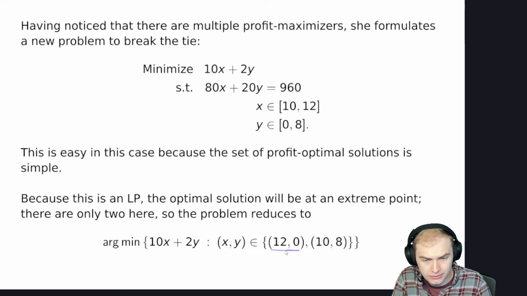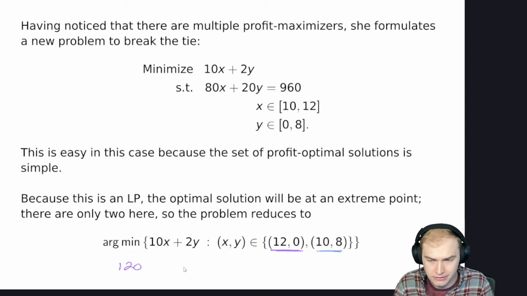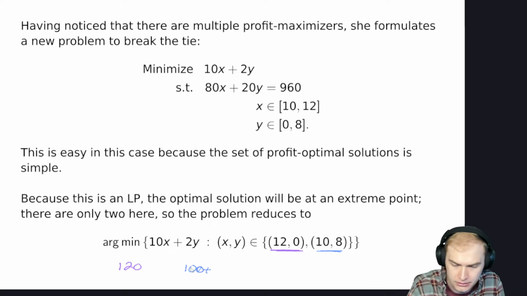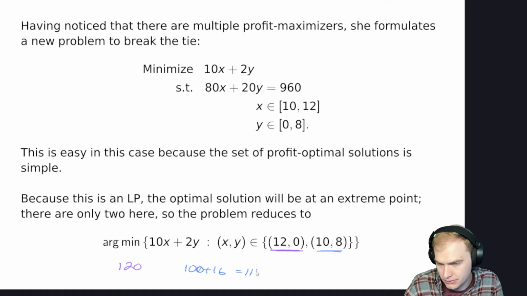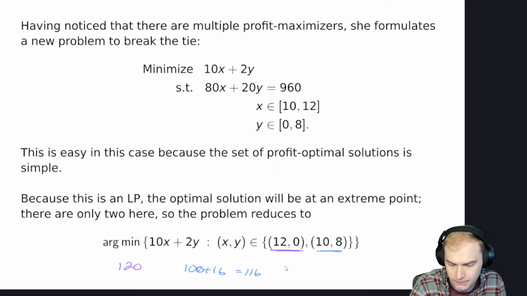If we use 12 and 0, we're going to get 120 waste. If we use 10 and 8, we're going to get 100 plus 2 times 8 is 16, 116 board feet.